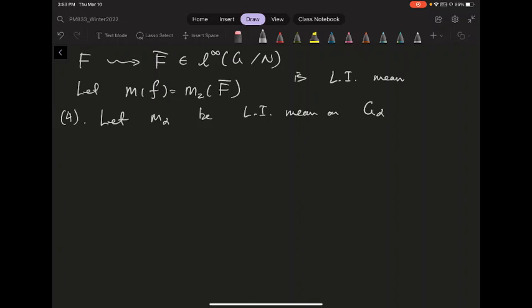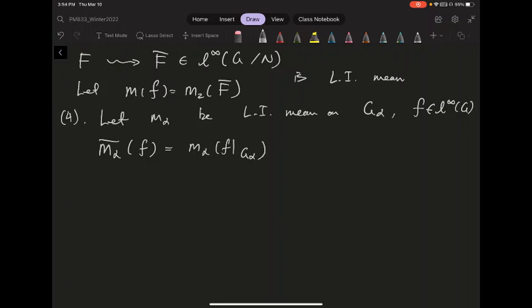So what I can do is manufacture something that's invariant over bigger and bigger sets. If I let m alpha bar evaluate at f, so here say f inside the L infinity of their direct limit, I can manufacture something that's invariant over G alpha by just restricting my f to the G alpha.